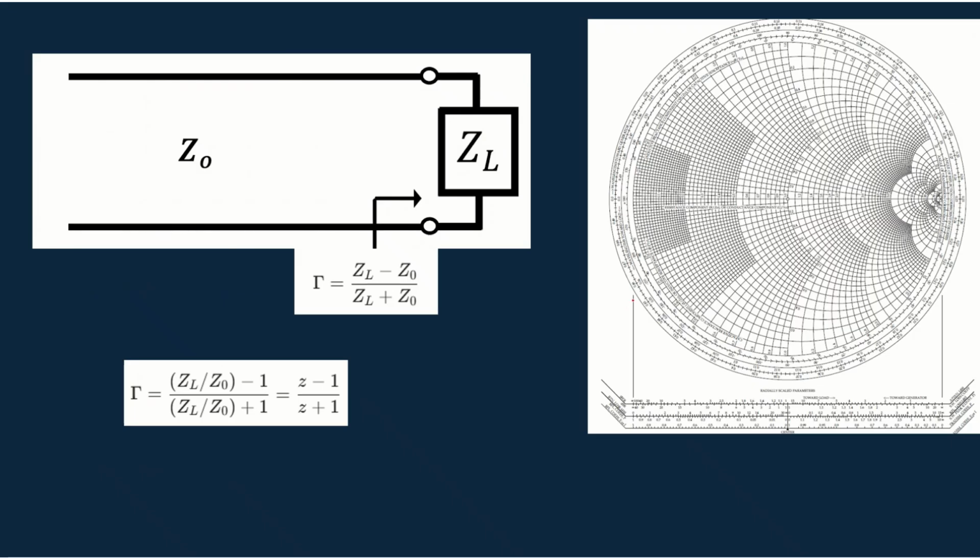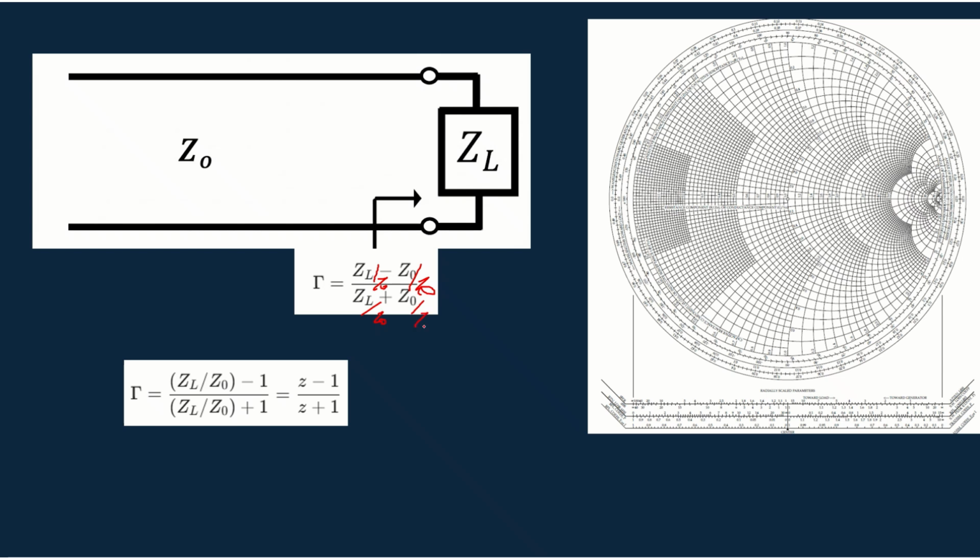That's why in the Smith chart, everything is normalized. Whatever you are seeing on the resistance and reactance circles is the normalized value. Here the reflection coefficient can be given by normalizing, so you divide everything by Z0, the characteristic impedance.